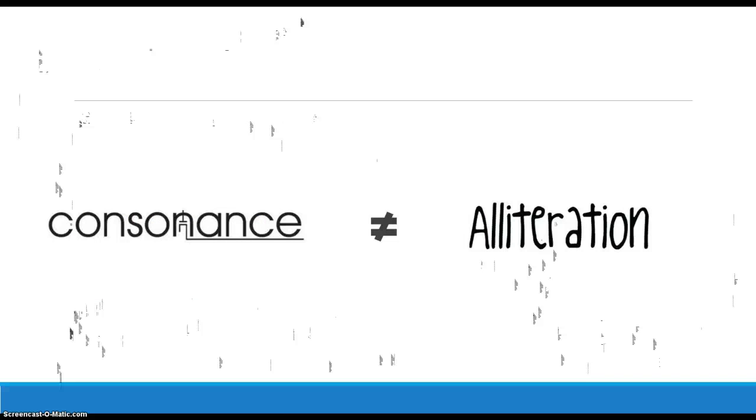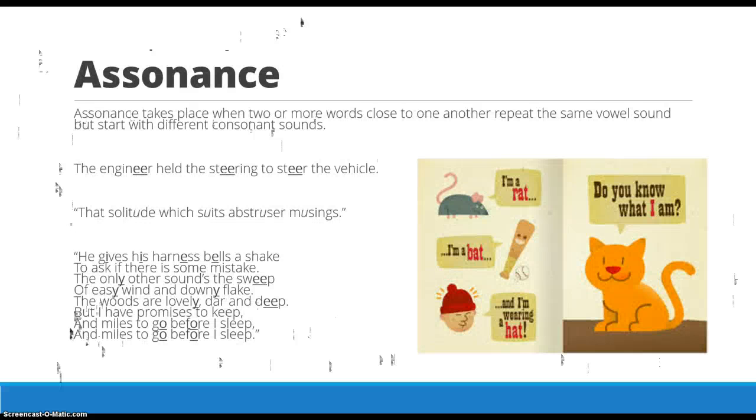And then we have our dear friend assonance, which is similar to consonance in that it's repeated sounds, but rather than repeated consonant sounds, it's repeated vowel sounds. So we have a couple of examples here. We can see the double E in the first example. The engineer held the steering to steer the vehicle.